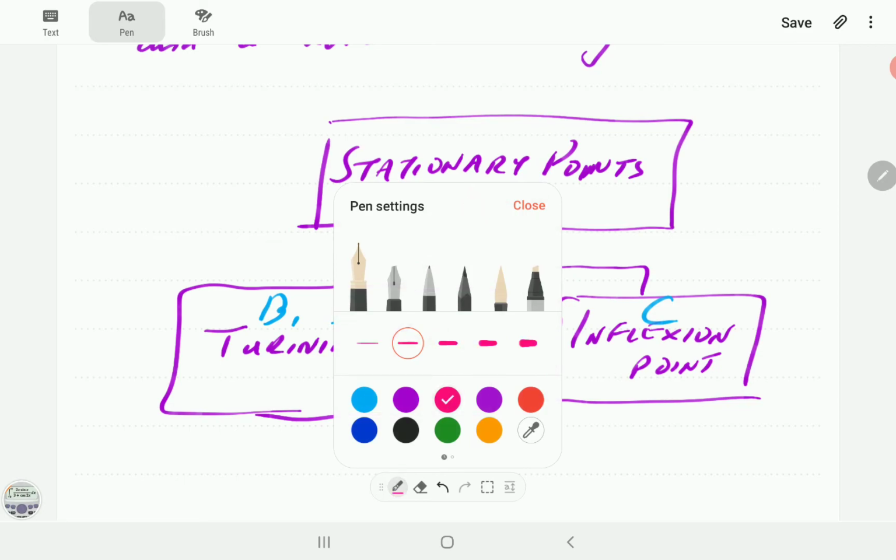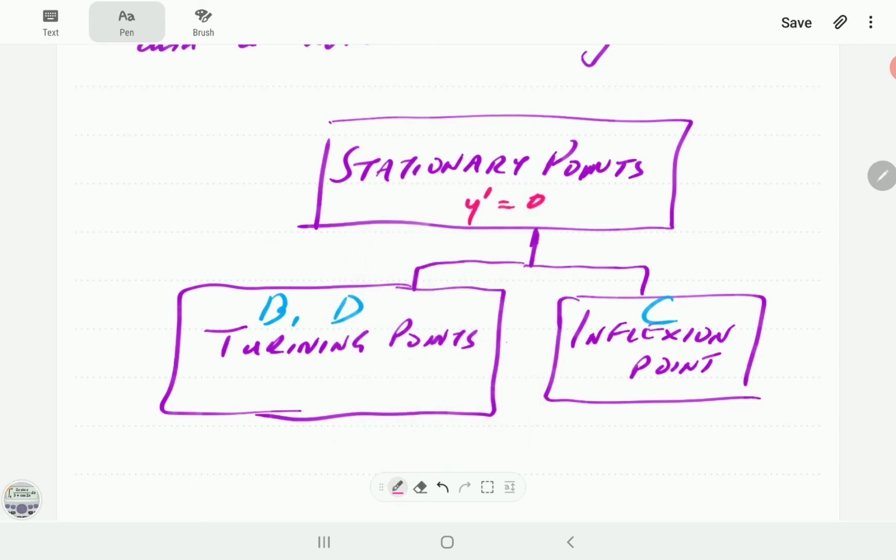Now mathematically, a stationary point is a turning point if the derivative changes sign across that stationary point.